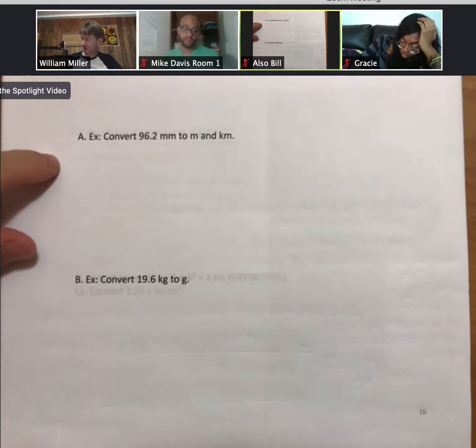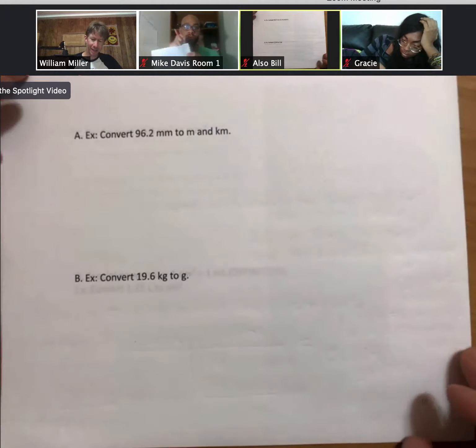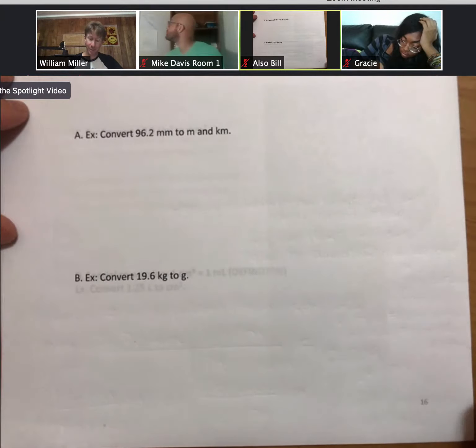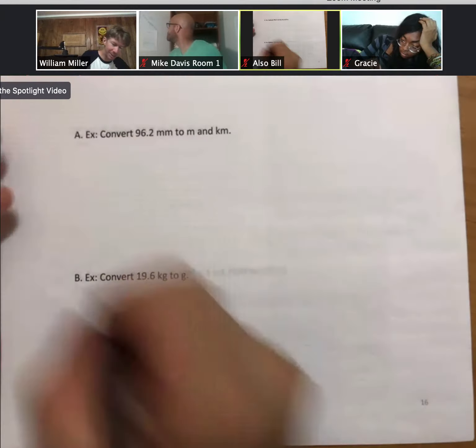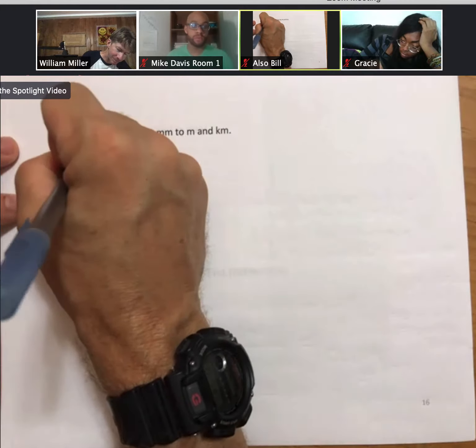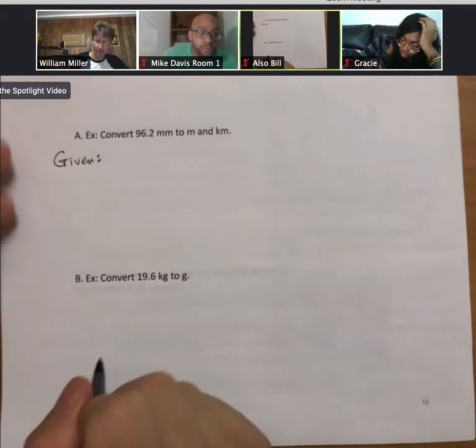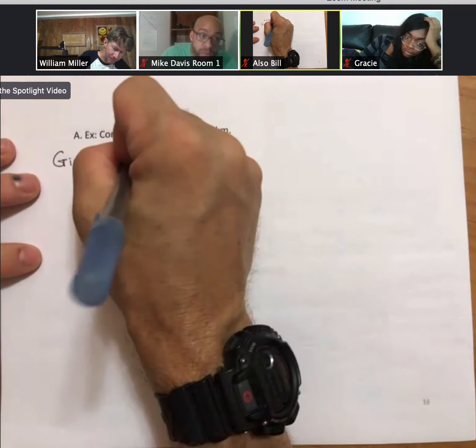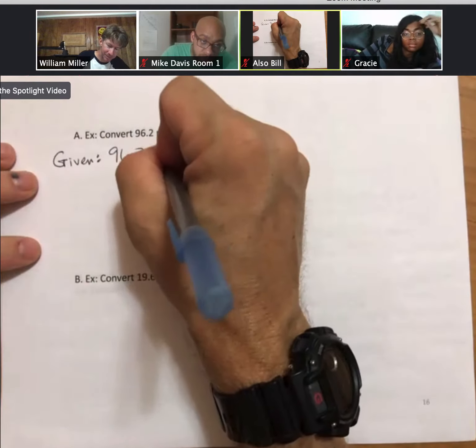So here's another unit conversion problem. It says convert 96.2 millimeters to meters and kilometers. The number in the problem is going to be the given, 96.2. And those are millimeters.